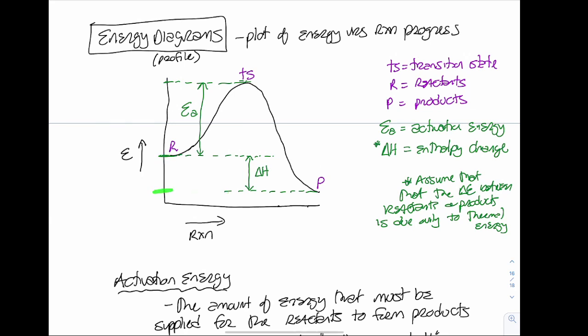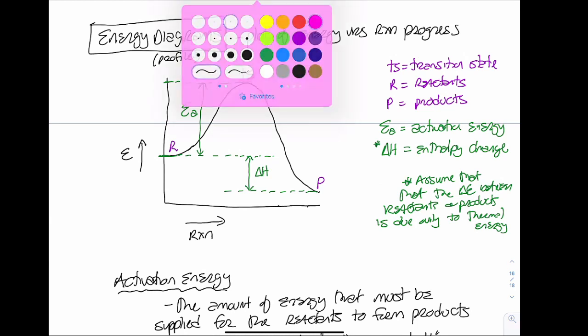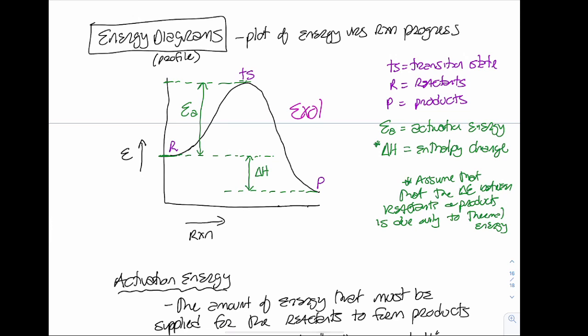So products have less energy than my reactants. So this is for an exothermic reaction. I'll draw an endothermic one here in a moment, but in this one, my product energy is less than my reactant energy, assuming all energy is just thermal energy. This one is exothermic.